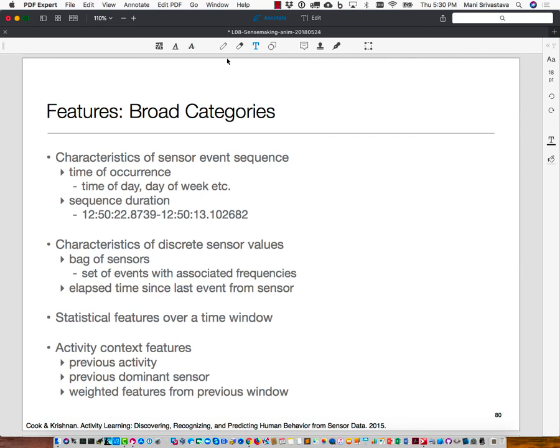If the previous activity was cooking, quite likely the prior that the current activity has something to do with cleaning up goes up, right? What were the previous dominant sensors? You may also incorporate features from previous time windows. All of these things can provide additional information to lead to a better result. So if we don't have labels, assuming that none of the sensor values have labels, so that we have them classified.